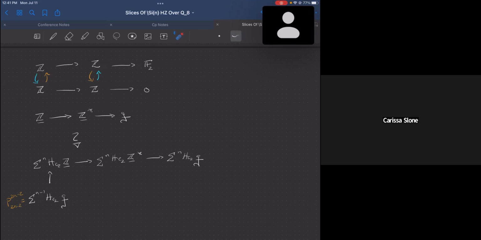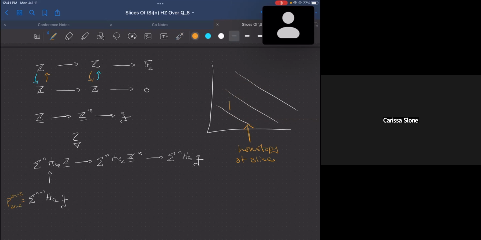Yeah, so how we get the slice spectral sequence is that, say we have some spectral sequence. Each of these is the homotopy of a slice. So all of our diagonals are the homotopy of our slices. And then of course we'll have, say, differentials.